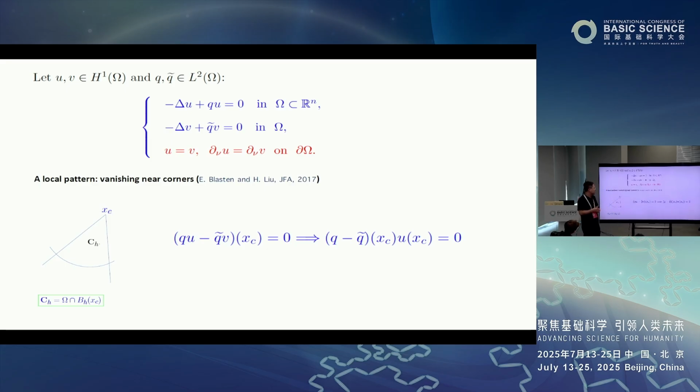So that means either the difference of the two coefficients q and q tilde vanishes at this corner, or the solutions u and v must vanish at this corner point. So we prove this. This is what we call a local pattern. It must vanish near the corners.